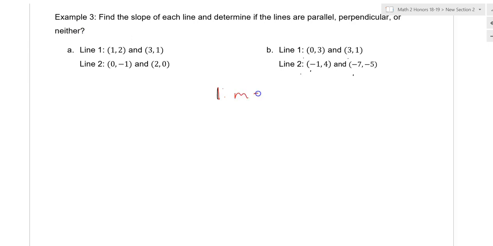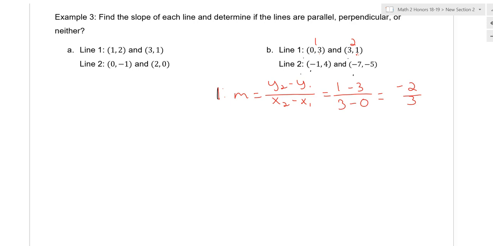And again, slope equals, right, the second y minus the first y over the second x minus the first x. So my second y is 1 minus 3 over 3 minus 0, which is negative 2/3.